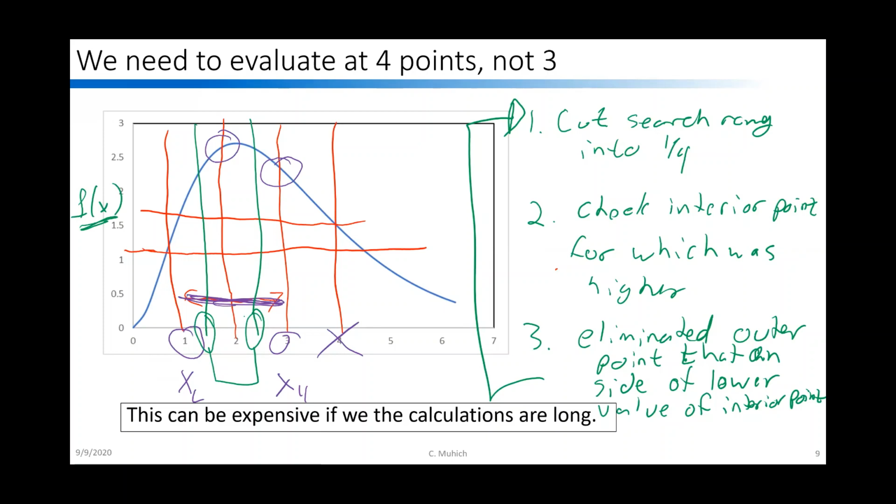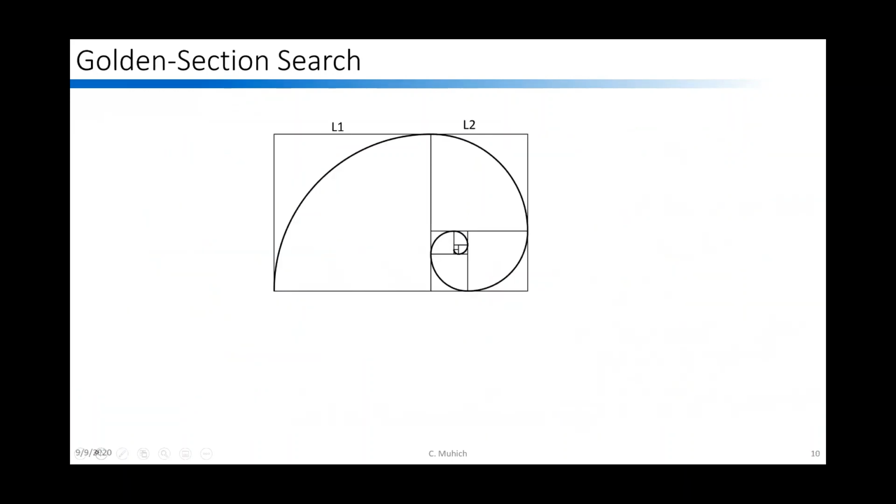If you remember when we were going through the algorithm on the right-hand side, we had already calculated this point at x equals 2, and then we threw it immediately out. There has to be a way that we can keep some of that information by cleverly picking how we look at those interior points. And that idea of clever picking is called our golden section search.